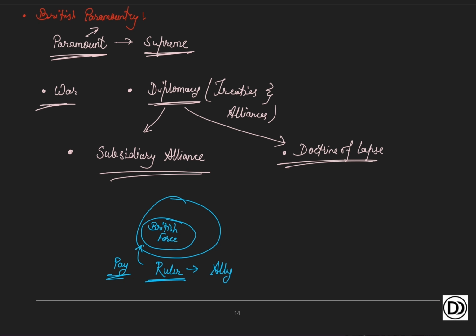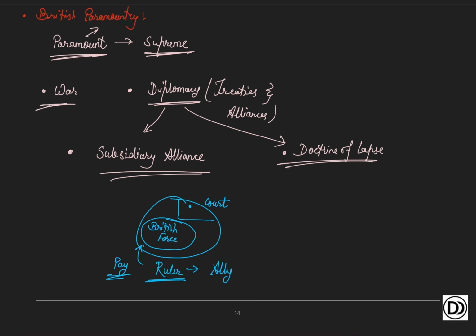And along with that, the ruler had to also agree to the posting of a British agent in his court. So let us say in the king's court, a British agent had to be stationed. Posted for what? To check that the ruler could not go to war or negotiate with any other Indian ruler without the advice of the Governor General.